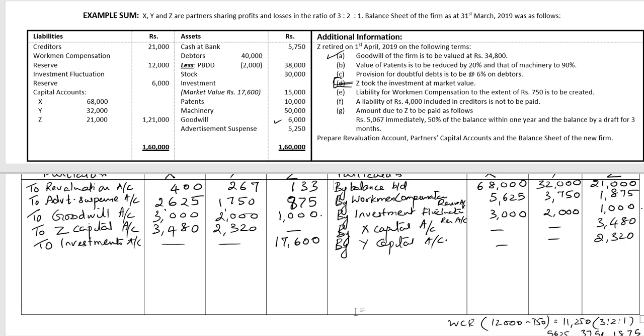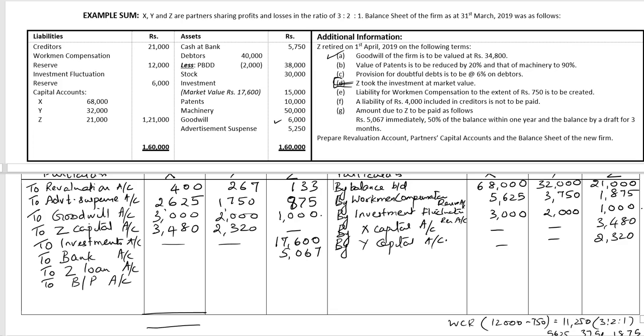We need to pay him 5,067 immediately. So to bank account 5,067, and out of the balance 50% in 1 year, so that will be transferred to Z's loan account, and the remaining 50% X and Y accept a bills payable, a draft.